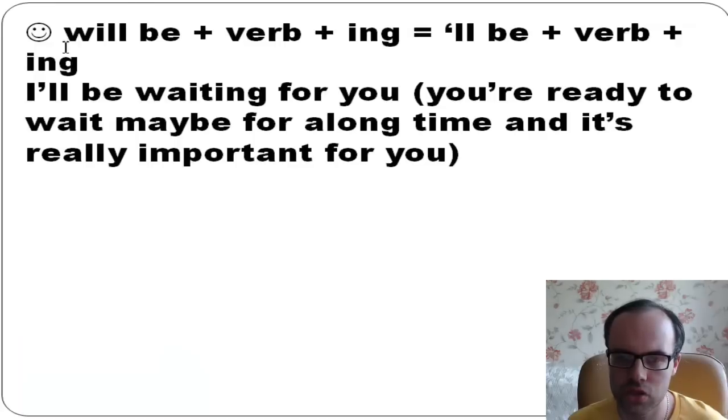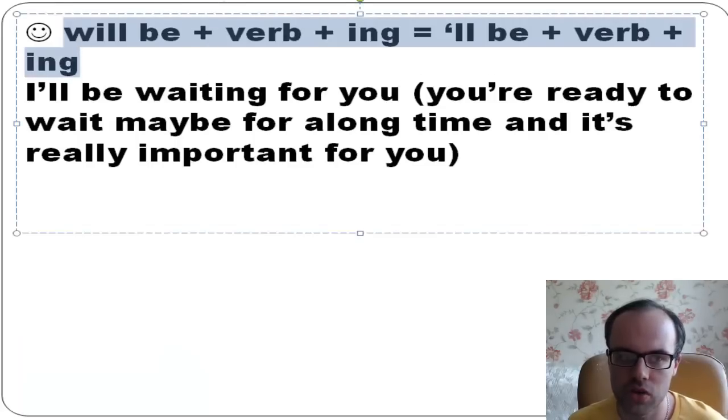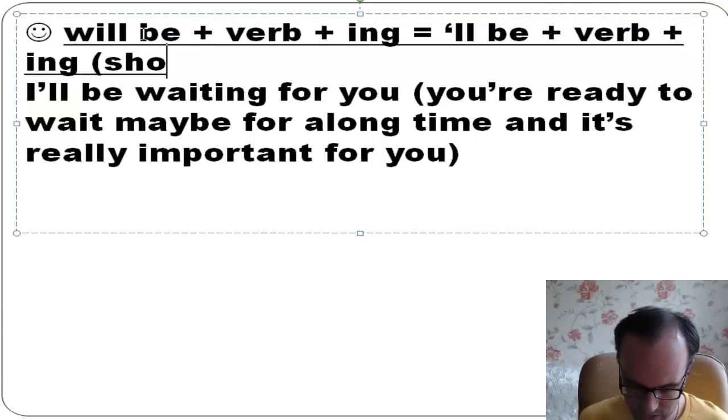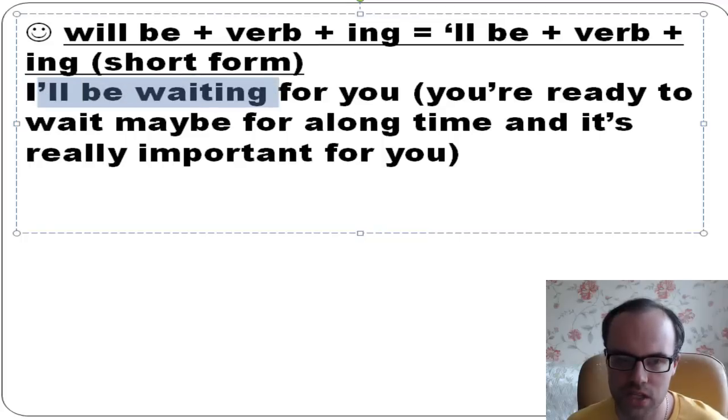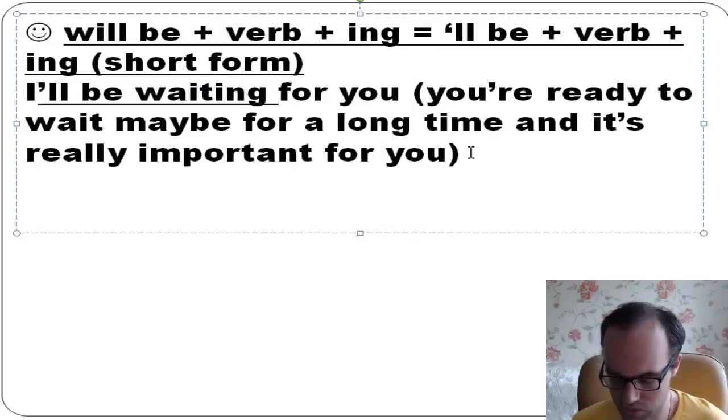And if we use future continuous, it's will be plus verb plus ing, or we can use a short form, which we often use in spoken English. You can say, for example, I'll be waiting for you. It means that you're ready to wait maybe for a long time, and it's really important for you.